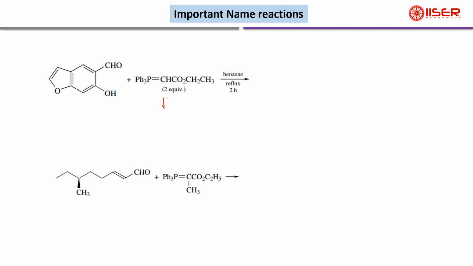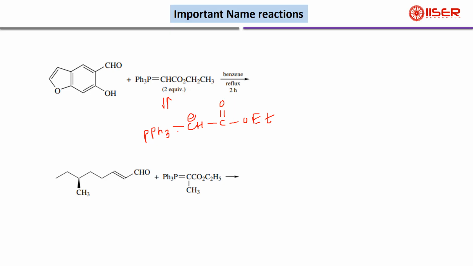So let's draw it in open form just to know the nature of the halide. There is a hydrogen here, whereas there is a methyl group here.